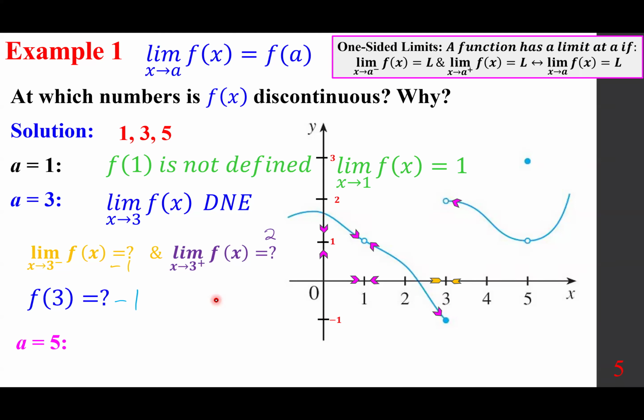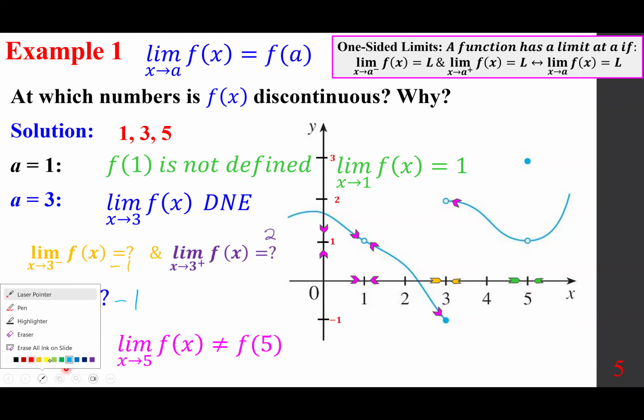Finally, what about 5? Let's look at the fact that the limit of f of x as x approaches 5 is not equal to f of 5. The limit of f of x as x approaches 5 means on the left we are moving this way, and from the right, we are moving towards the same point.